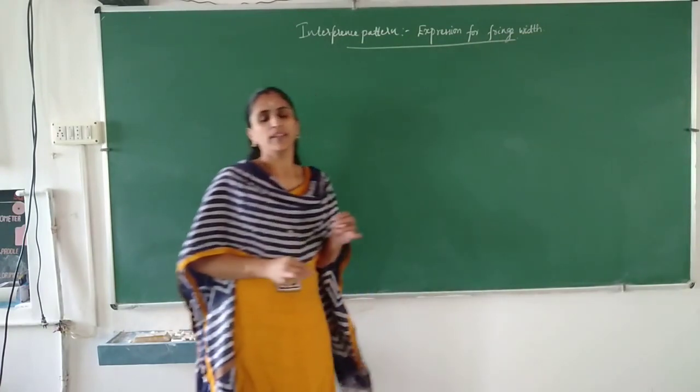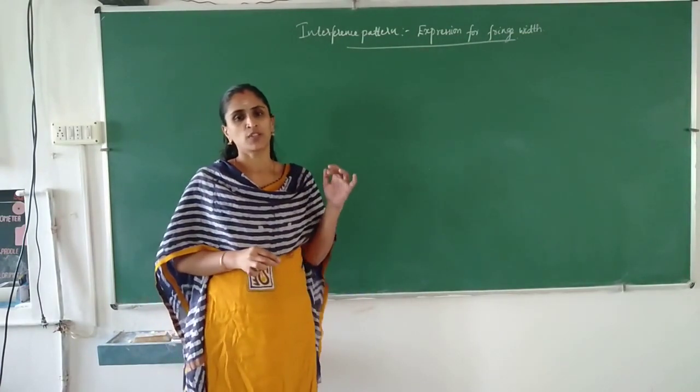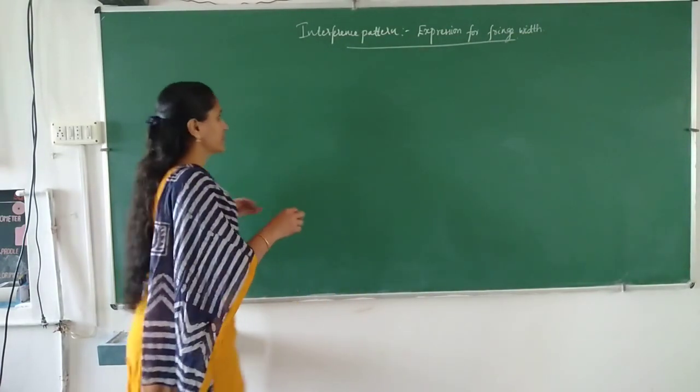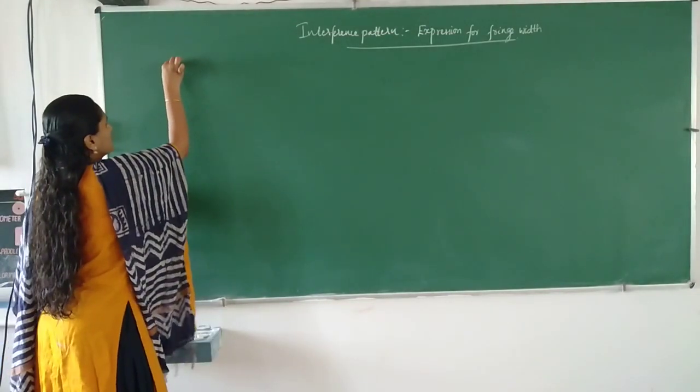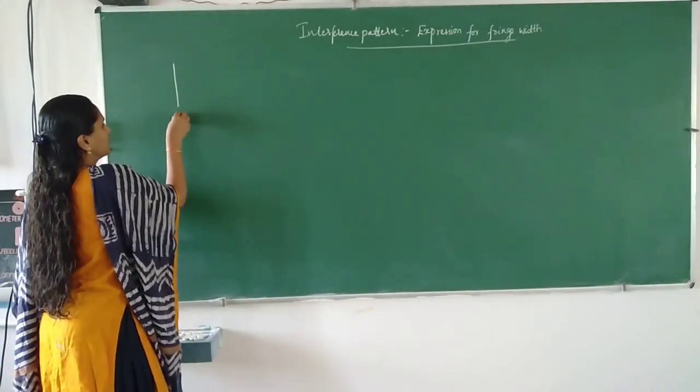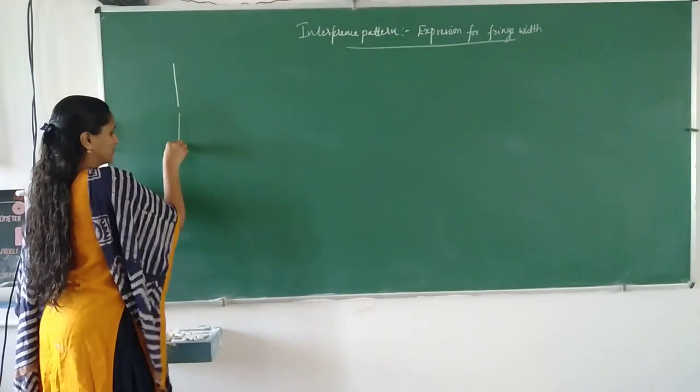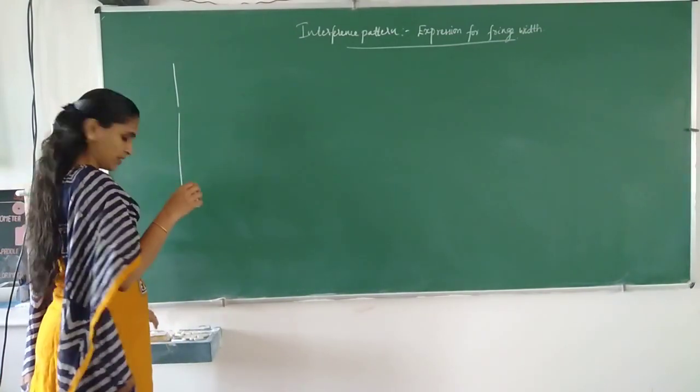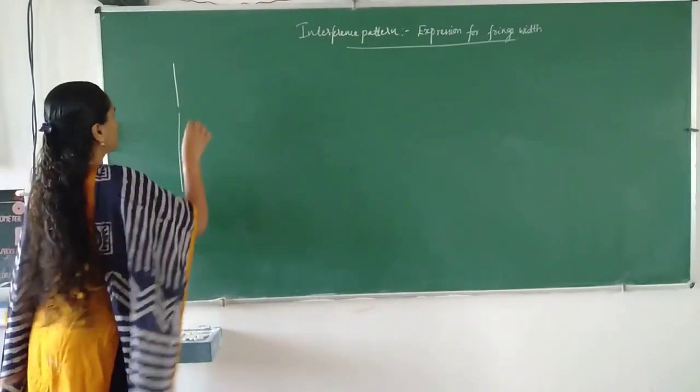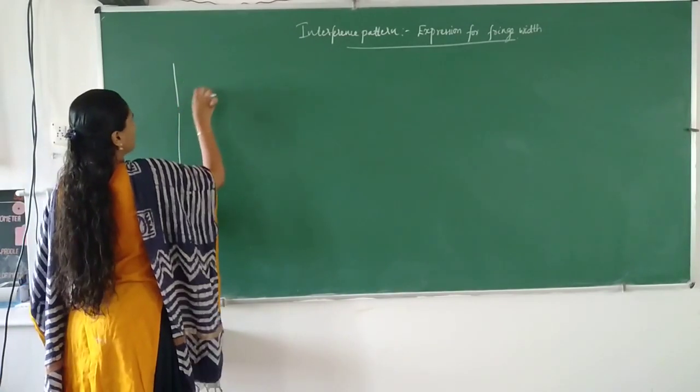So how did he obtain the expression for fringe width? First of all we can draw the diagram. A narrow slit is illuminated equally.